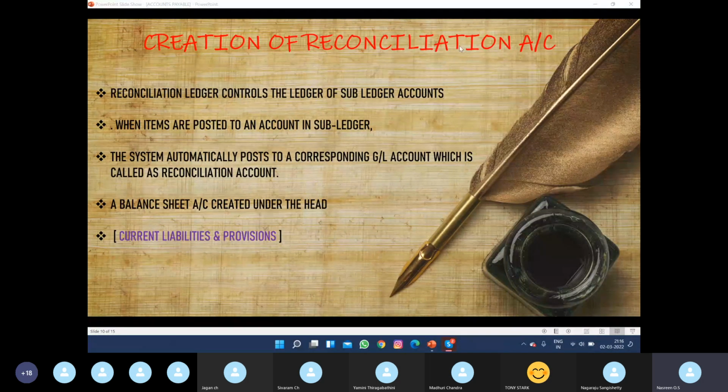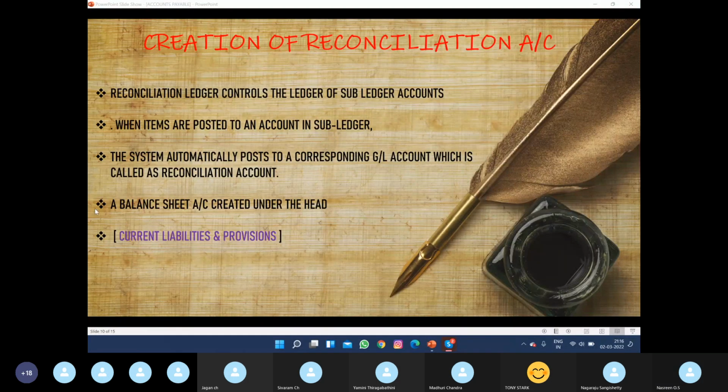So what is the reconciliation purpose here in our presentation? It is for accounts payable. Accounts payable means vendors. Are vendors an asset or a liability? Liability. So being a liability, we have to create this reconciliation account under the head current liabilities and provisions. Why balance sheet?